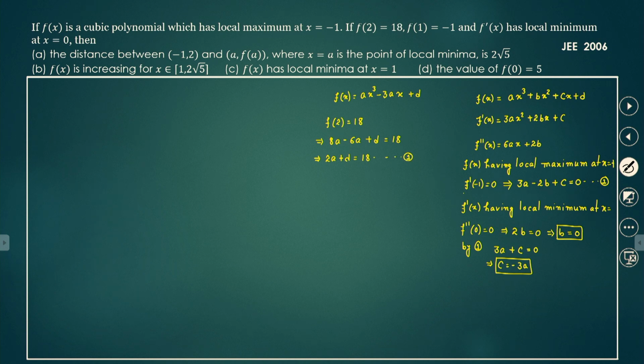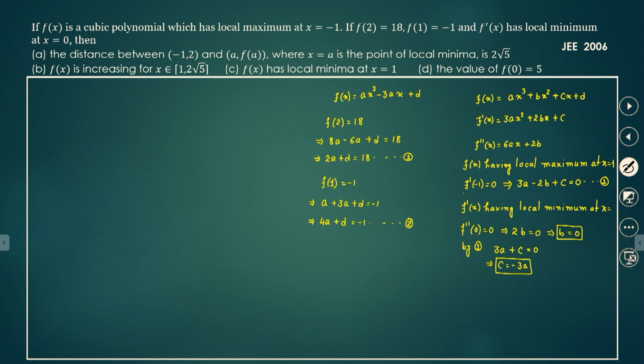And then it says f(1) is equal to -1. So substitute 1. Therefore we'll say a plus 3a plus d is equal to -1. So it implies 4a plus d is equal to -1. That's equation number 2.